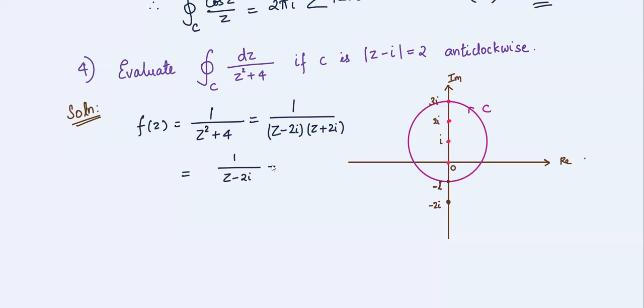If you add, you have to get 1, right? So I subtract, and when I subtract this, I get z plus 2i minus z plus 2i, that is 1 by 4i.